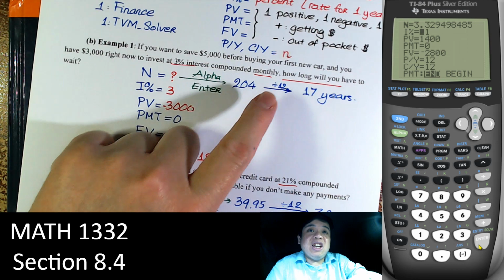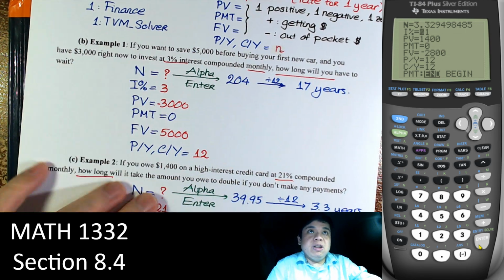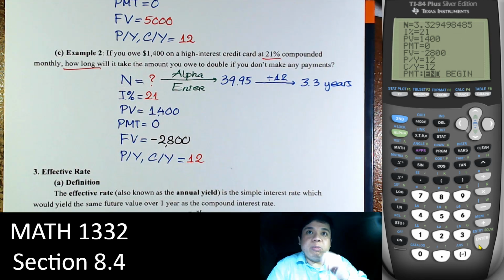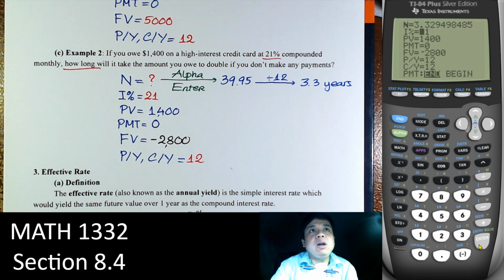The other one takes 17 years and is not even double. On this one, it takes only 3.3 years and it already doubles. So the interest rate makes a big deal. Like I said, we won't be able to do this without a higher level of math, so that's why we can only use a calculator here.